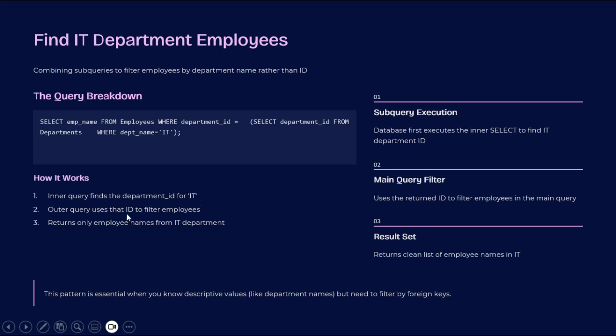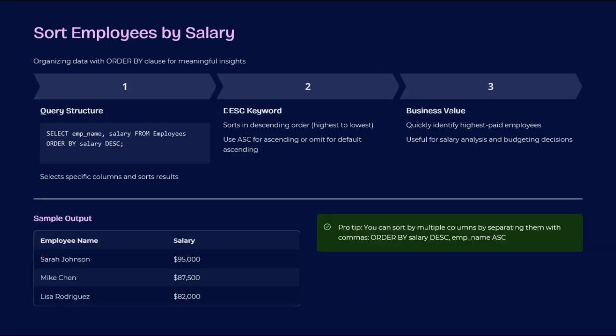The outer query uses that ID to filter employees. It returns only employee names from the IT department. This pattern is essential when you know descriptive values like department names, but need to filter by foreign keys.